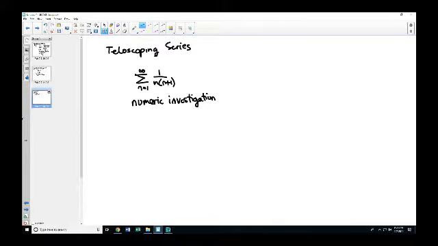I told you, most of them you don't. Geometric has a formula, but for most of the others, there's nothing. You just know it converges. It's very difficult to show, or impossible in many cases. So a numeric investigation I showed you already.